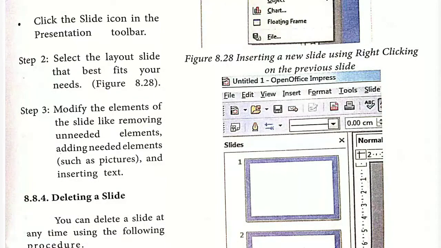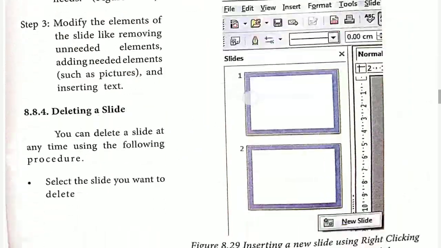Step 2, select the layout that best fits your needs. Step 3, modify the elements of the slide, like removing unnecessary elements or adding needed elements. So this is how you insert slides into your presentation.